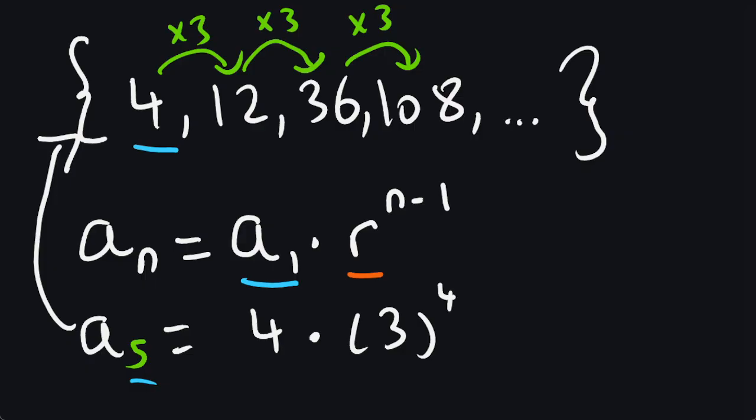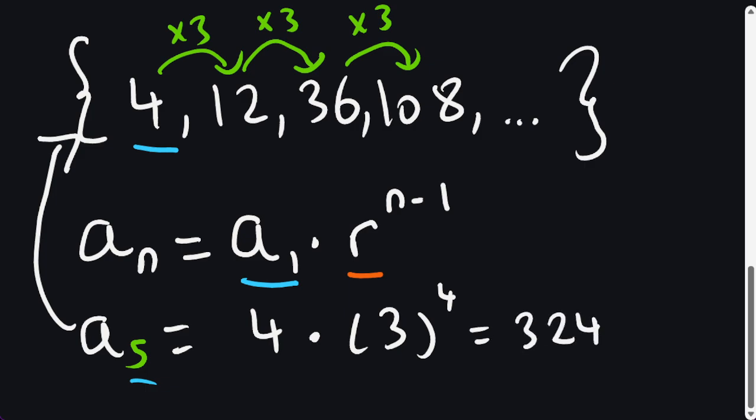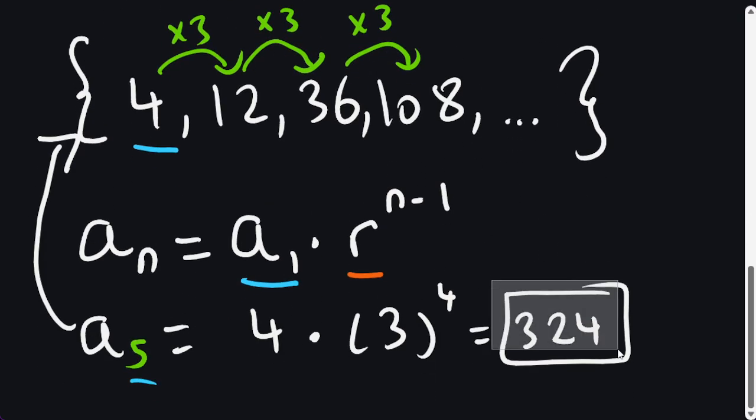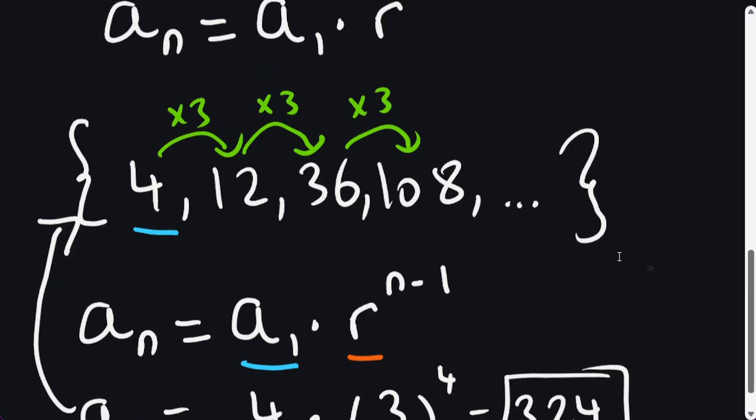So all you have to do is evaluate this. 3 to the power of 4 is 81. And then 81 times 4 is 324. There you go. So the fifth term of this sequence is 324. And that's how you would find it.